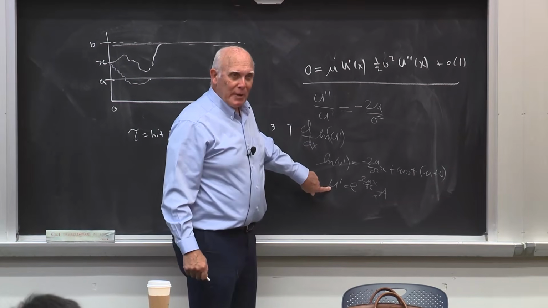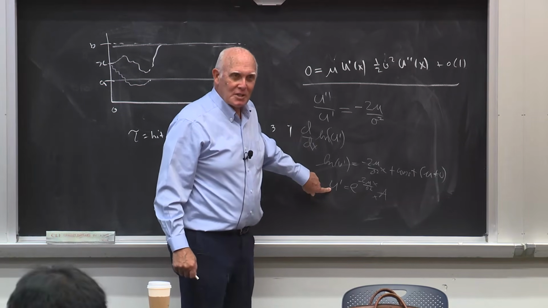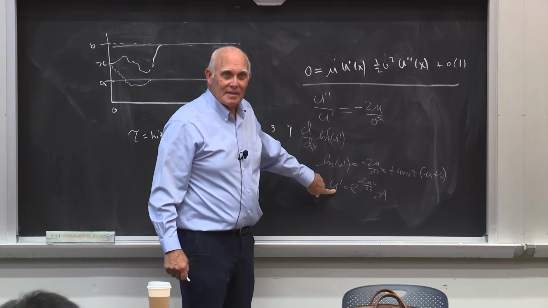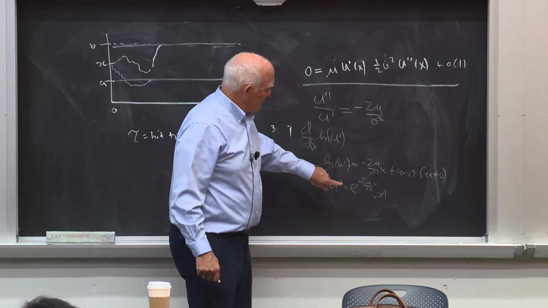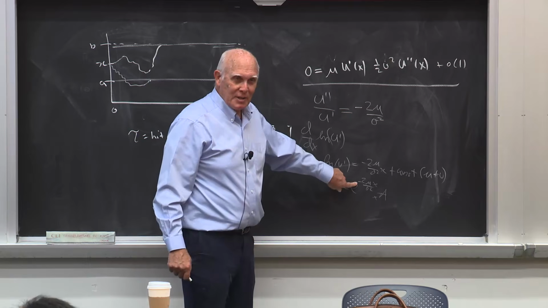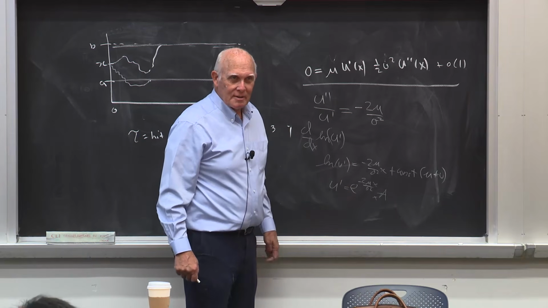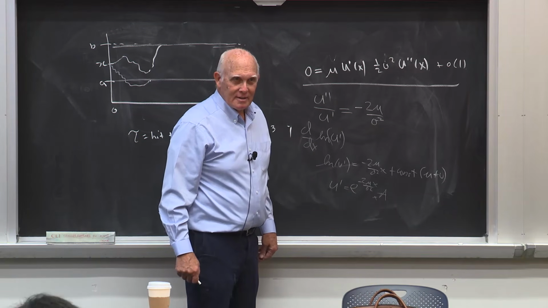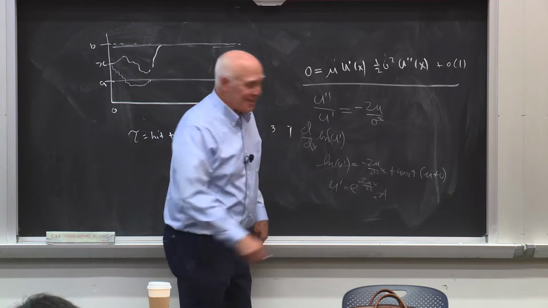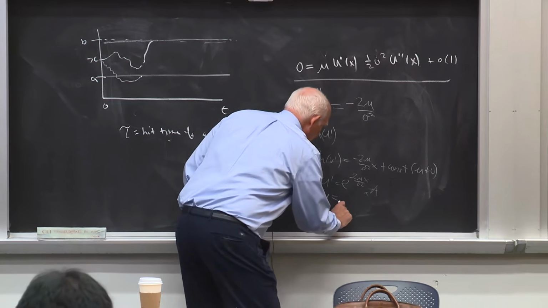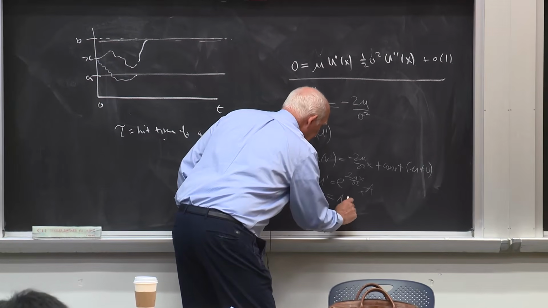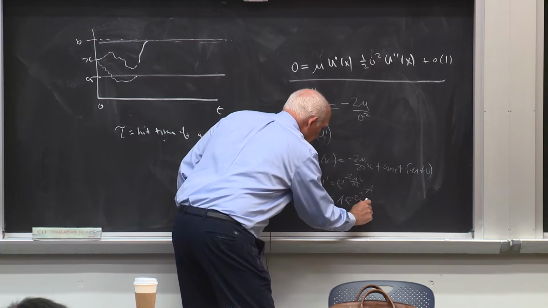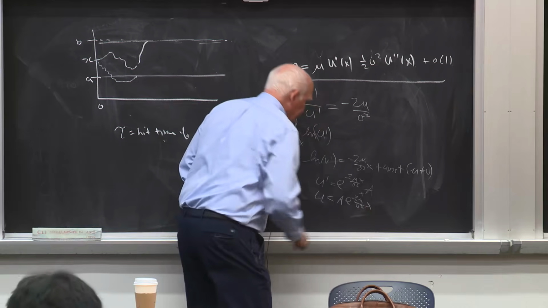And what if we integrate both sides of this? We then get u. So what function has a derivative equal to an exponential? Just the exponential, yeah. So we get u is just going to equal a constant times e to the minus 2 mu over sigma squared x.